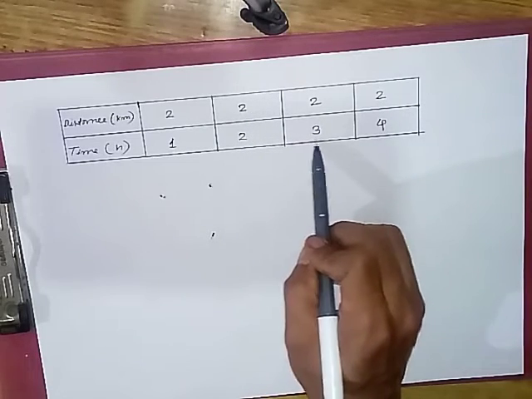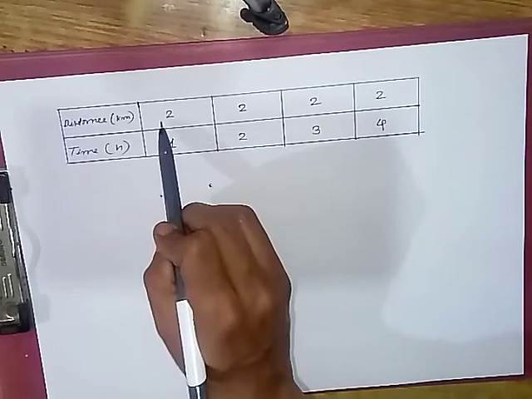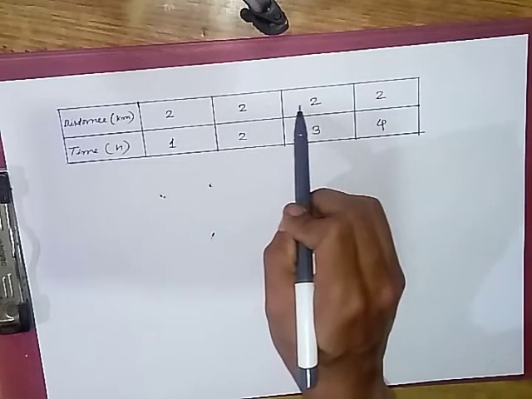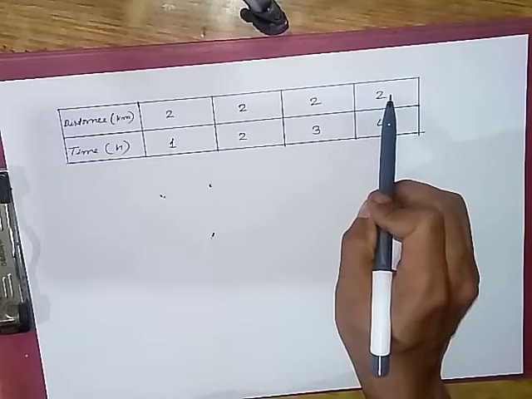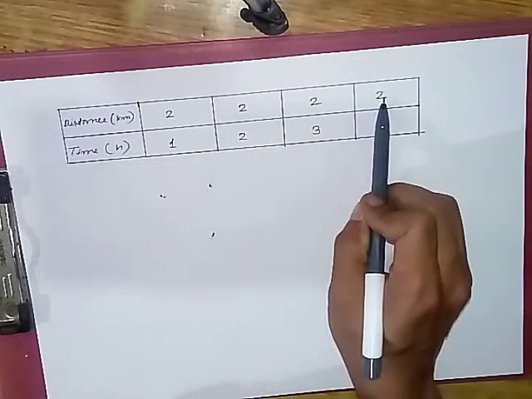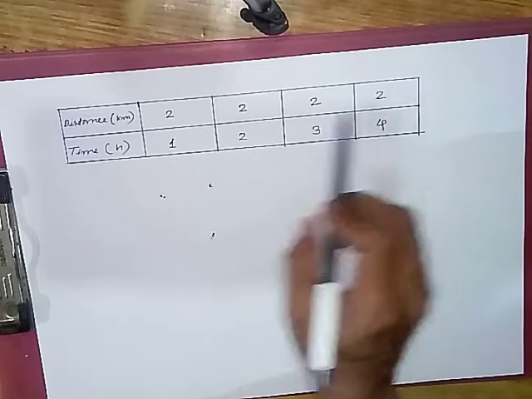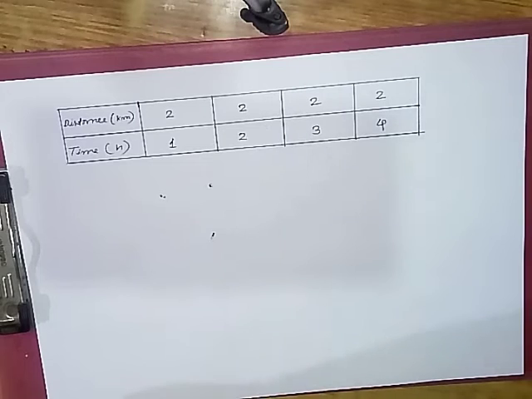In 3 hours, in 4 hours, the time is passing by but the car is situated at a single point. The car is at rest. The car is not in motion. So in this case, what will be the distance time graph? Let us see.